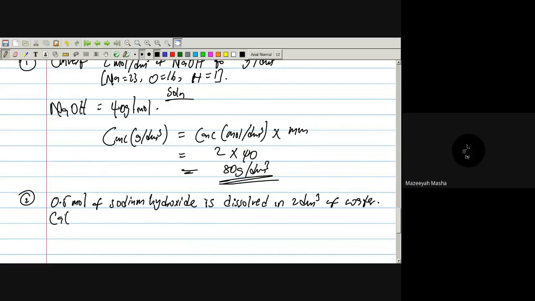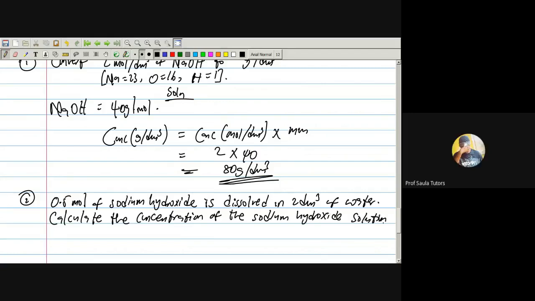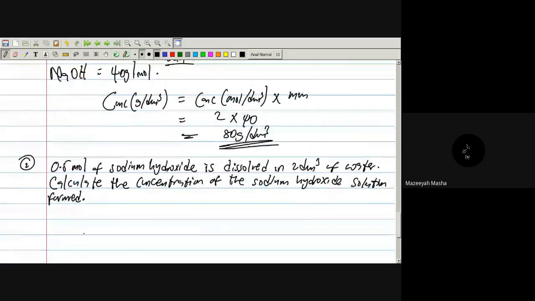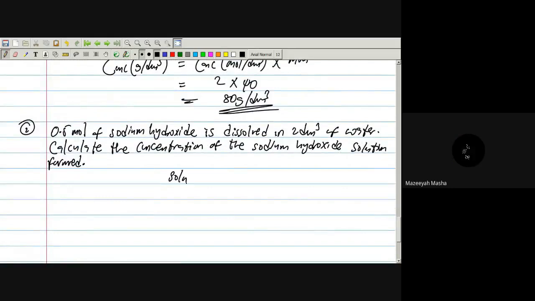Calculate the concentration of the sodium hydroxide solution. Let me help you add this: in mole per dm cubed.